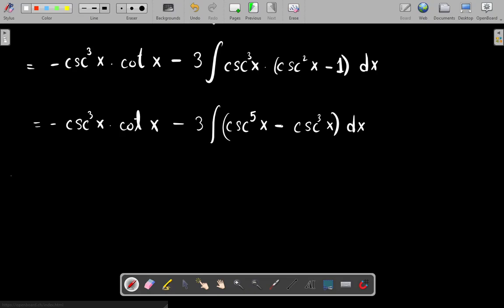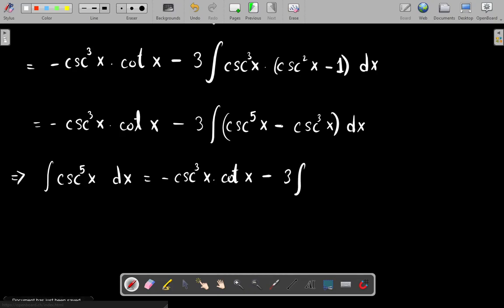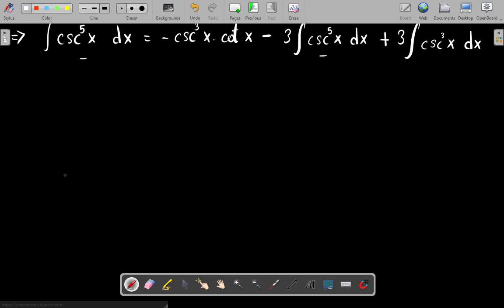So we started with the integration of cosec to the power 5x dx. If we open each of these terms on the right hand side, we get minus cosec cube x cot x, minus 3 times the integral of cosec to the power 5x dx, plus 3 times the integral of cosec cube x dx. So this term and this term are the same, so we can take them to the left hand side.